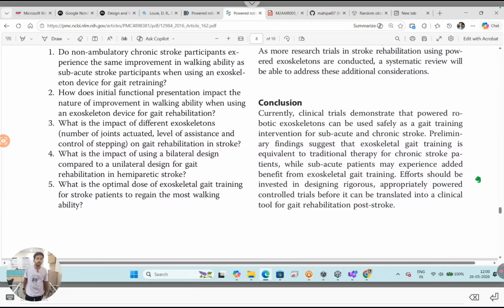Efforts should be invested in designing rigorous, appropriately powered controlled trials before it can be translated into a clinical tool for gait rehabilitation post-stroke.